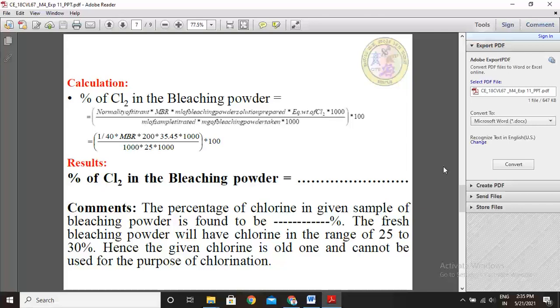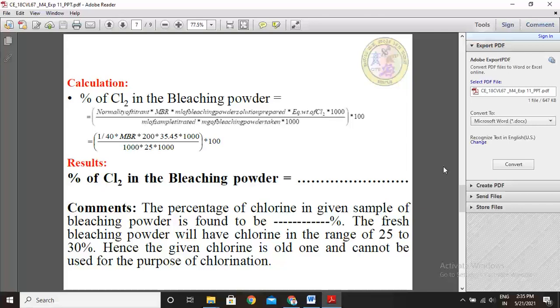Fresh bleaching powder will have chlorine in the range of 25 to 30%. Hence the given sample is an old one and cannot be used for the purpose of chlorination. If the result does not fall within this range, you should write this type of comment.